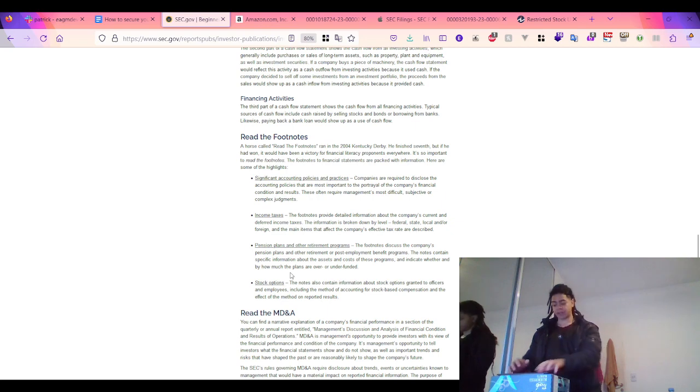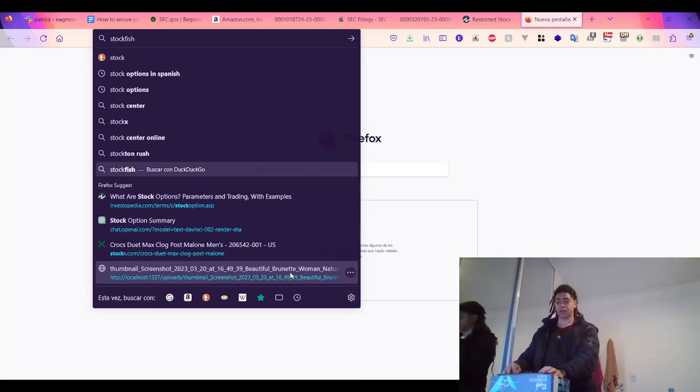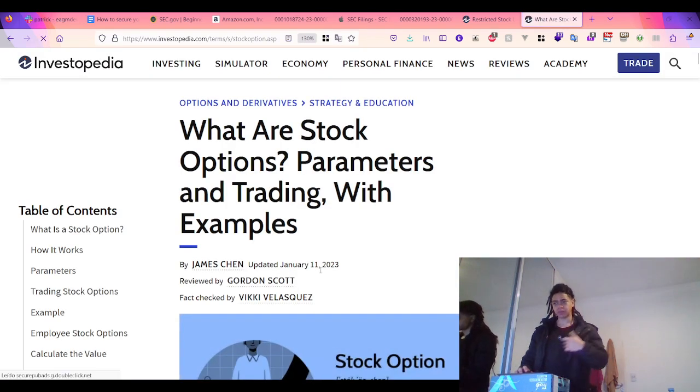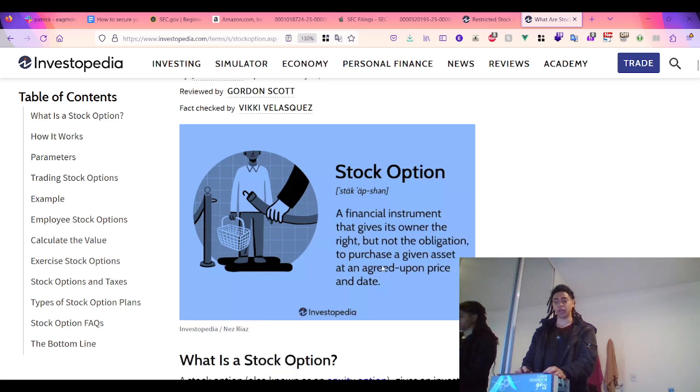If we take a look at the stock option definition, that is a financial instrument. A financial instrument is no more than an asset, or can also be seen as a package of capital that can be traded.